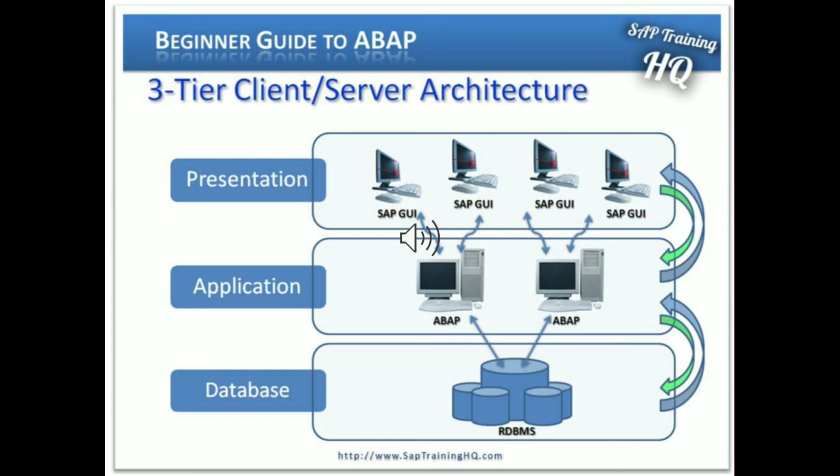I would like to show you the three-tier client-server architecture. The first is the presentation layer, the second is the application layer, and the third is the database layer. These three layers provide an advanced prototype for the client-server process.